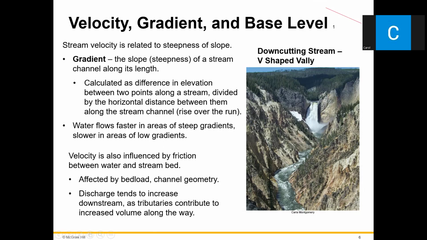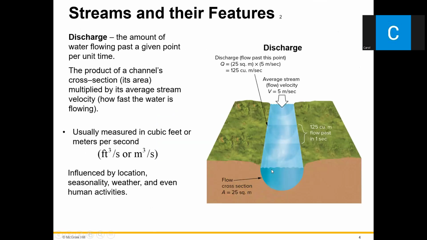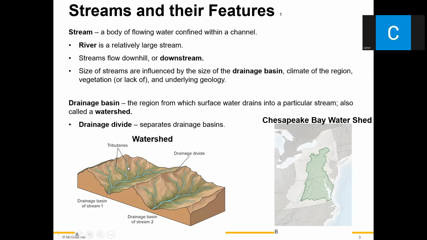So there's a trend. The river is usually steeper up in the mountains, more towards its beginning point. Up in here, it's very steep. And then as it gets towards the bottom, it flattens out.